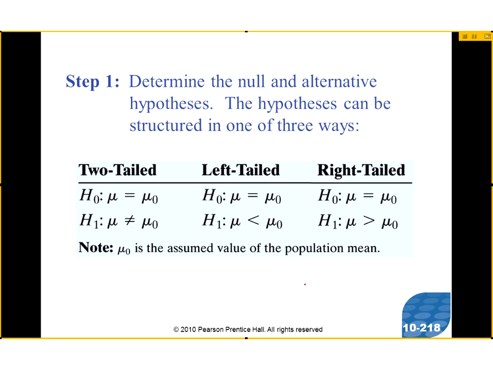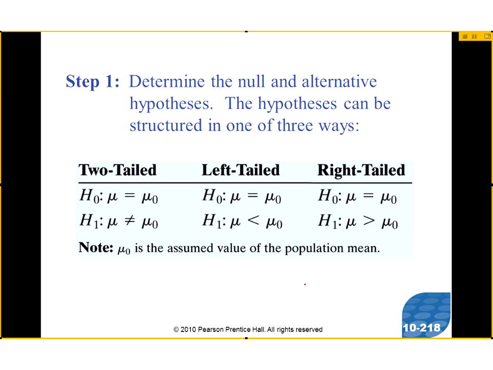So these are what hypothesis tests look like. You have a two-tailed test where you're testing H naught: mu equals mu naught, and then H1: mu is not equal to mu naught. You have a left-tailed test, and then a right-tailed test.